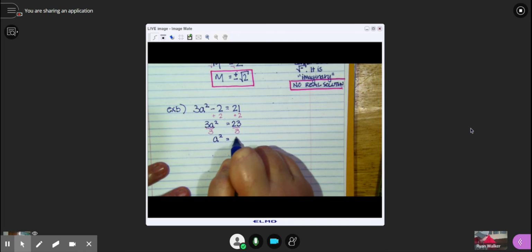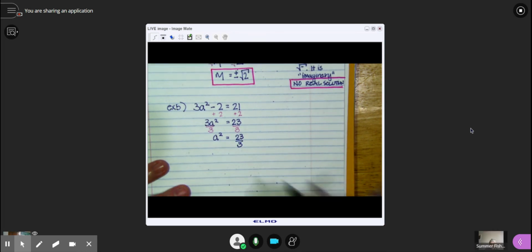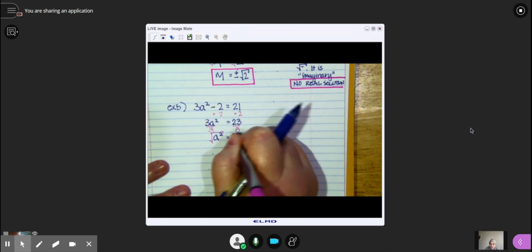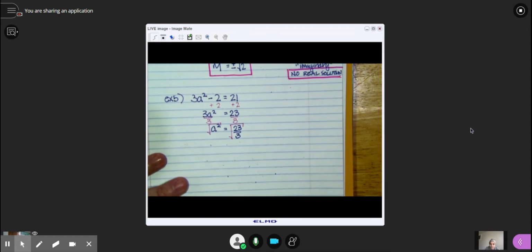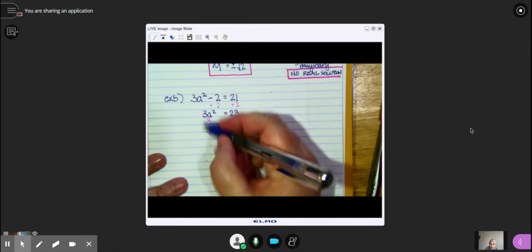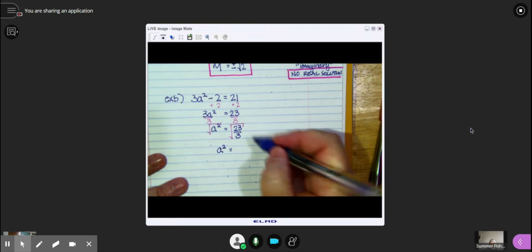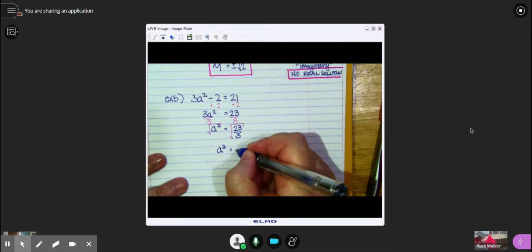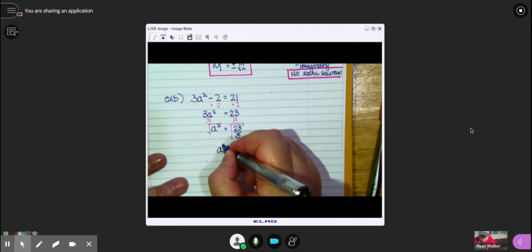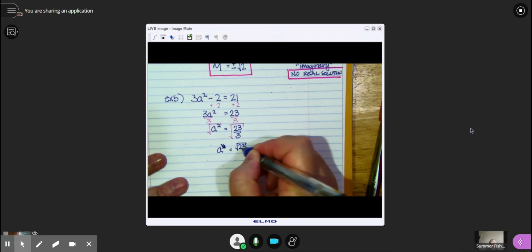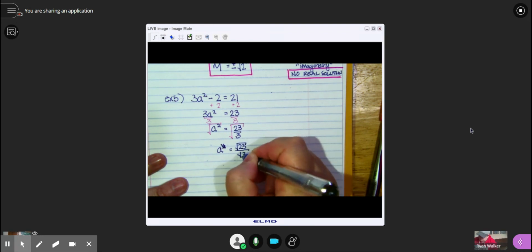A squared is just 23 over 3. I'm going to take the square root of both sides. A squared, or whoops, not a squared anymore. A is going to equal the square root of 23 over the square root of 3.